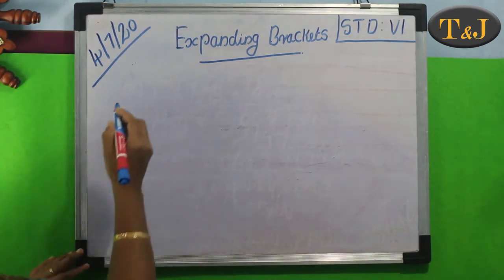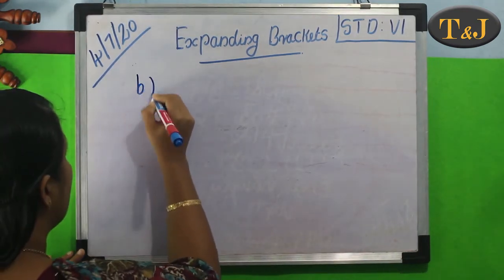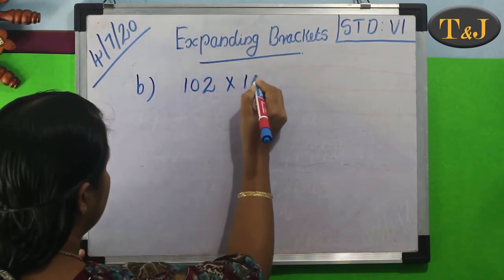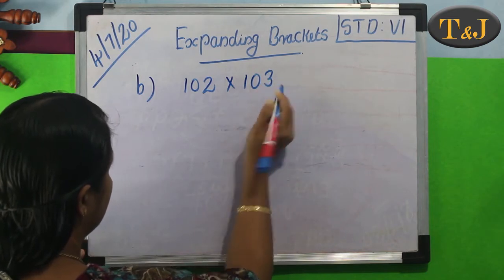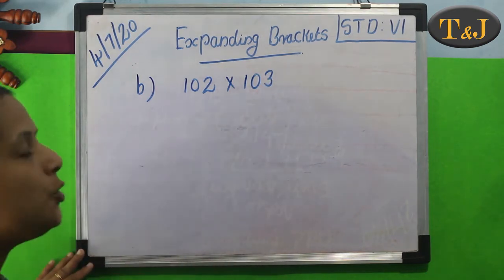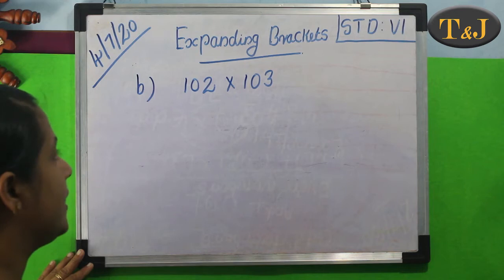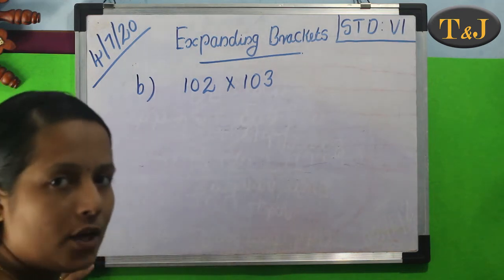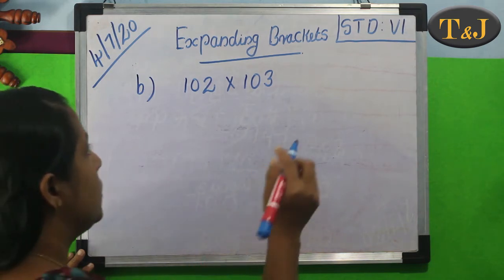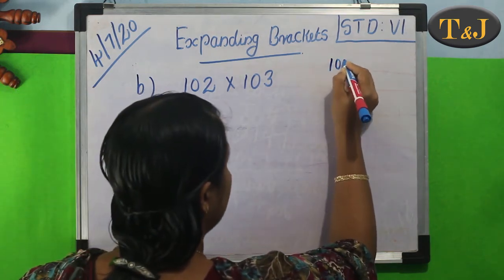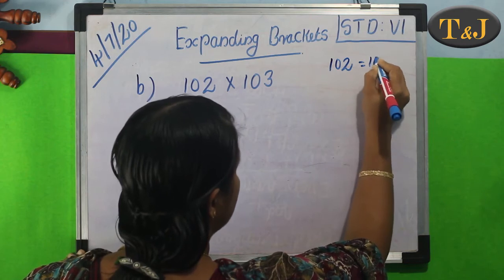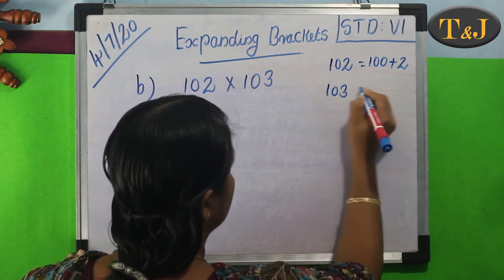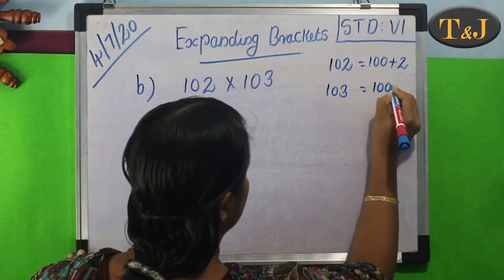Second example, 102 multiplied by 103. These two numbers we split: 102 equals 100 plus 2 and 103 equals 100 plus 3.